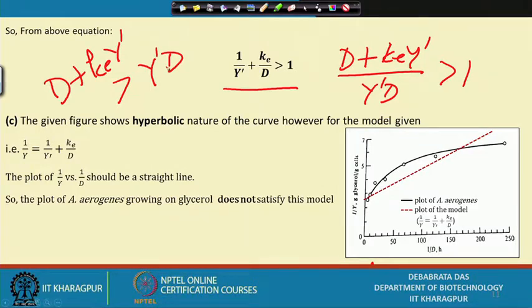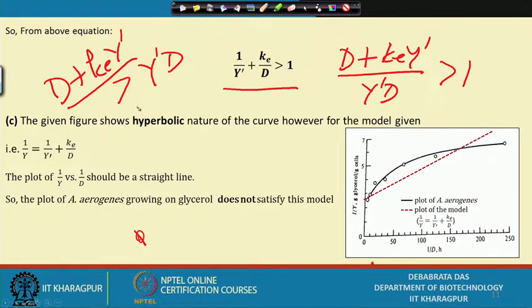Then if you divide by Y', then you will get the same kind of relationship there.